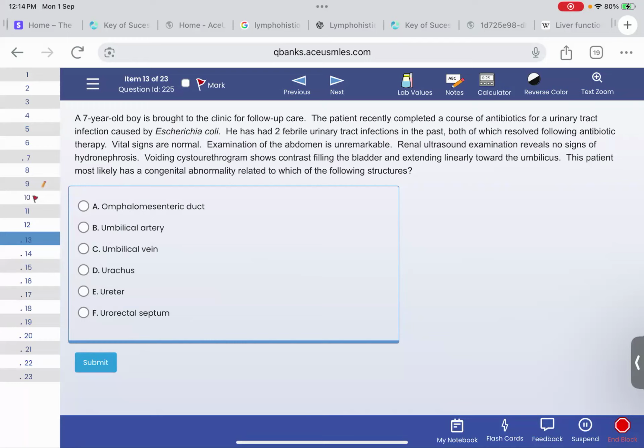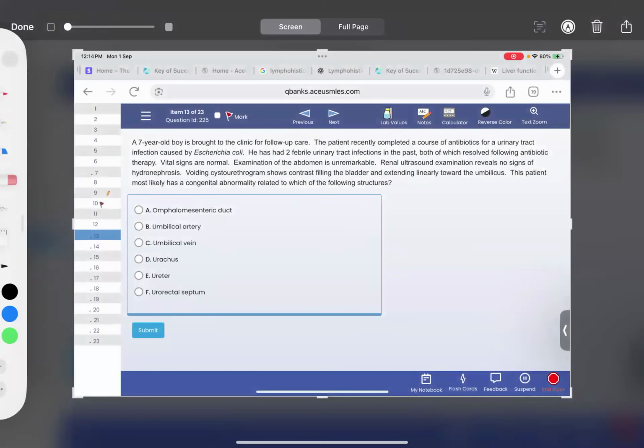Vital signs are normal. Examination of the abdomen is unremarkable. Renal ultrasound examination reveals no signs of hydronephrosis. Voiding cystourethrogram shows contrast filling the bladder and extending linearly toward the umbilicus. This patient most likely has a congenital abnormality related to which of the following structures?